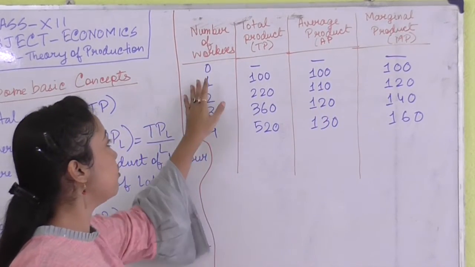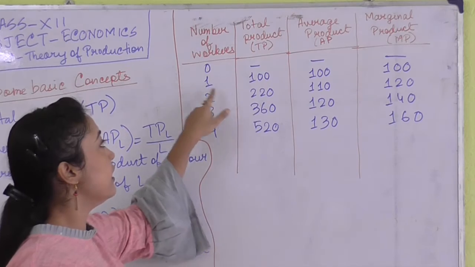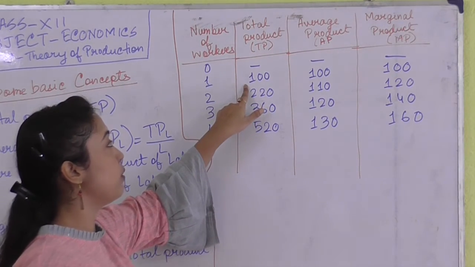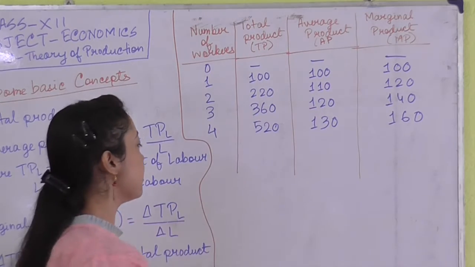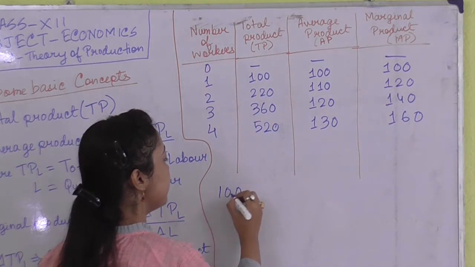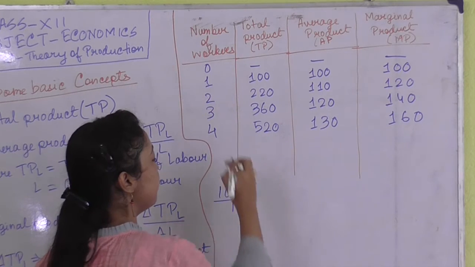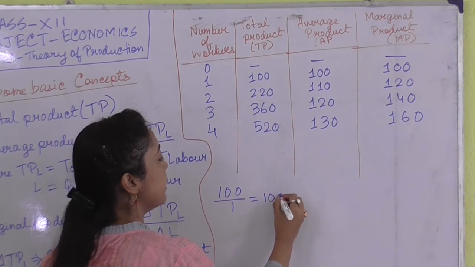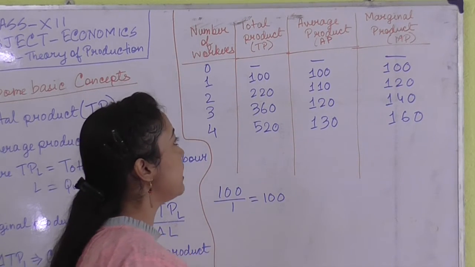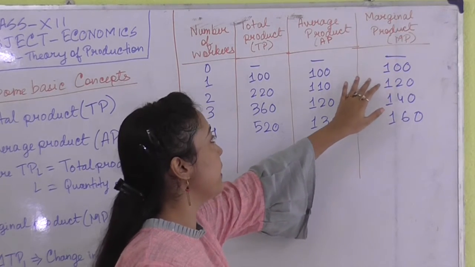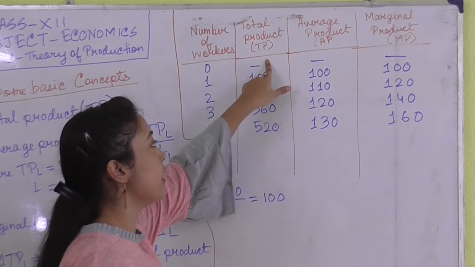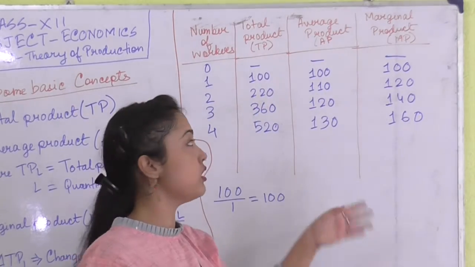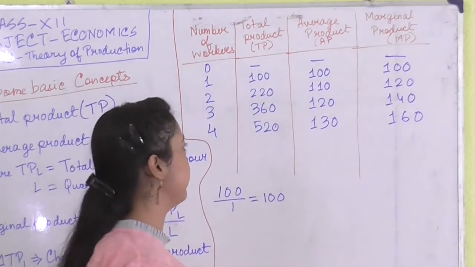When the number of workers is 1, 100 units of total product is produced, and the average product is 100 because 100 divided by 1, the quantity of labor, gives 100. The marginal product will also be 100 because before there was no total product, so the change is 100 only.